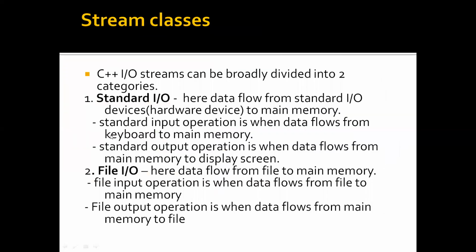So this C++ IO stream can be broadly divided into two categories. One is the standard IO, the second one is the file IO. Standard IO is where data flows from a standard IO device to main memory. IO devices are nothing but hardware devices.